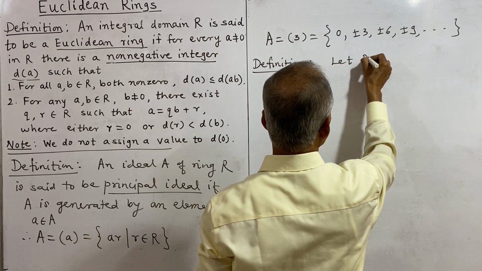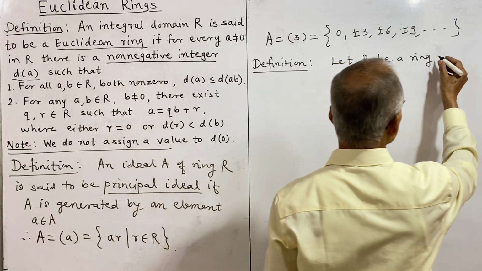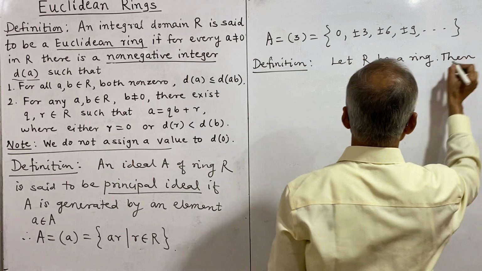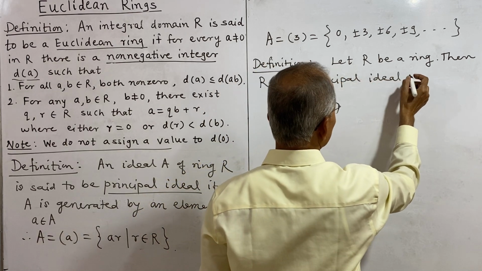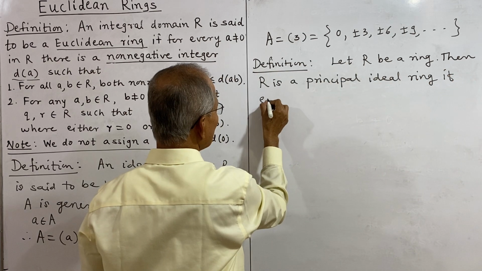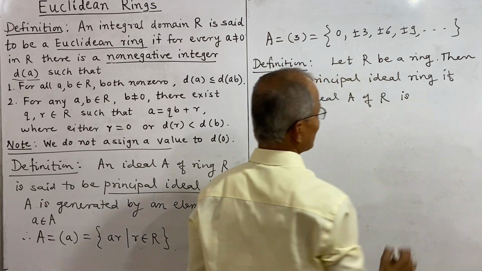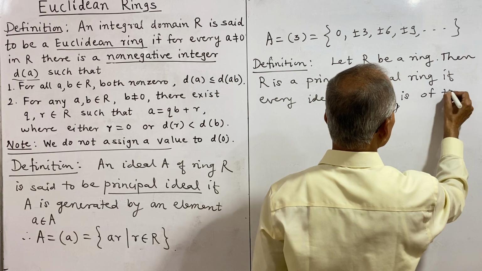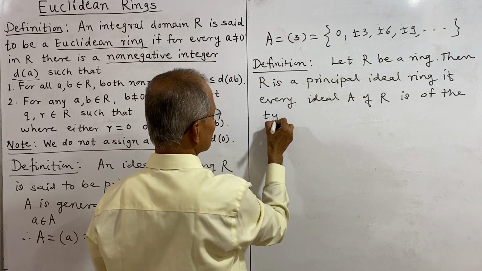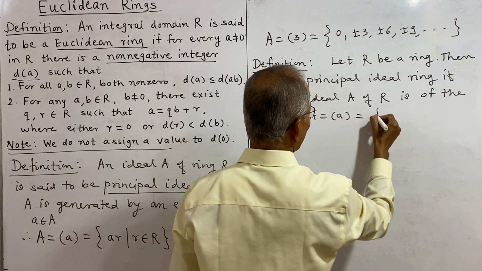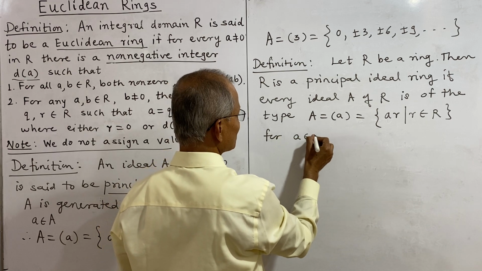Now we define what is a principal ideal ring. Let R be a ring. Then R is said to be a principal ideal ring if every ideal A of R is of the type A generated by a, or that means ar, r belongs to R, or a belongs to R again.